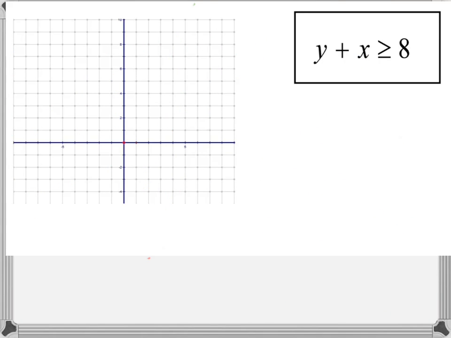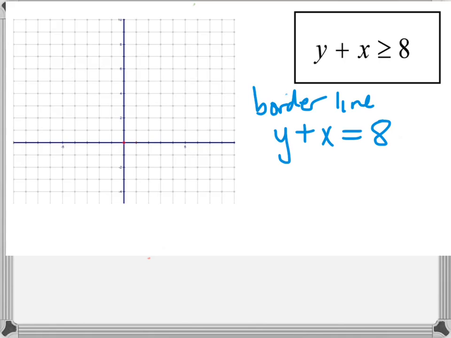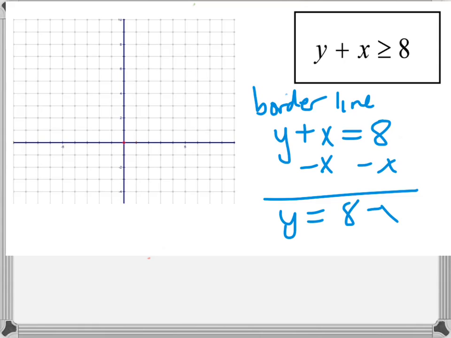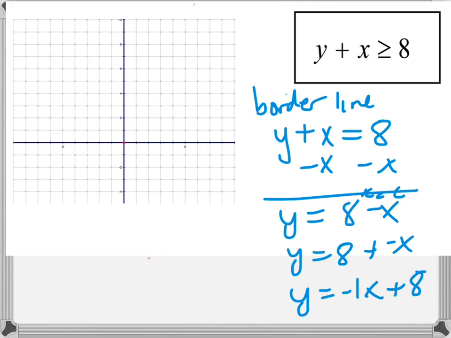Okay. Now we have a line that's not in slope-intercept form. So the border line is going to be y plus x is equal to 8. So I'm going to proceed to put it into slope-intercept form. And I'm going to put that coefficient as -1.